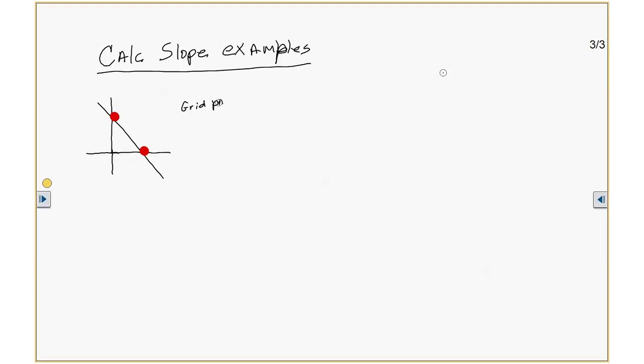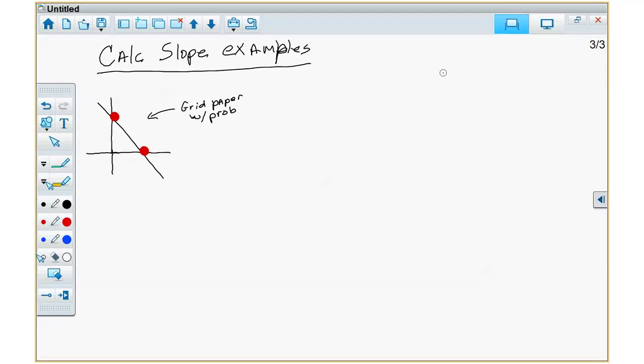I'm going to put grid paper with the problem. You'll be able to find 2 corners that match up. Not all the time you're given that. Most of the time you're given the second one versus the first one.